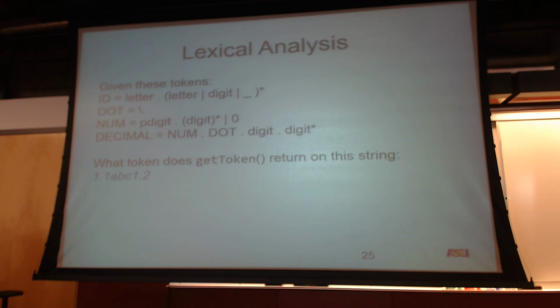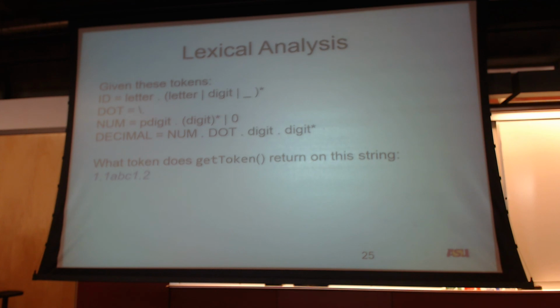Just tell me the sequence of tokens for this particular string. Decimal ID decimal. So he says decimal ID decimal.